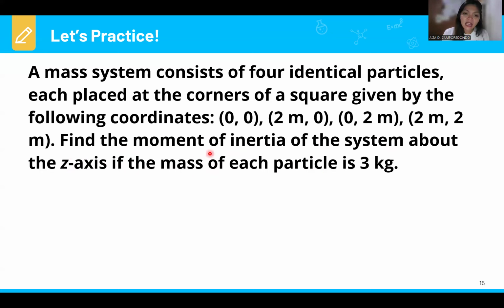For the mass, particles 1, 2, 3, and 4 have the same mass, which is 3 kilograms. Now, what we have right here is not the radius. This is a coordinate. So we still need to solve for the radius of each particle and the moment of inertia on the z-axis.